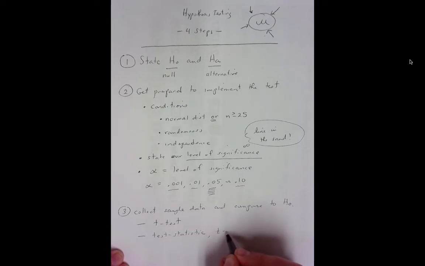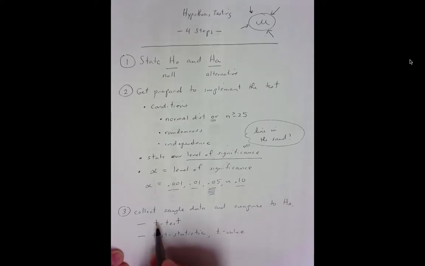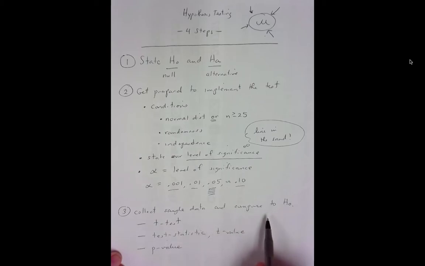And this is called a t-value. The test statistic from a t-test is called a t-value. The test statistic from a z-test is called a z-value. The test statistic from a chi-square test is called a chi-square value. So whatever the test that we're conducting, that's what we call the value, the t-value. And we end up calculating what's called a p-value. Now, a p-value is just the probability that we get this particular sample if our null hypothesis is true.